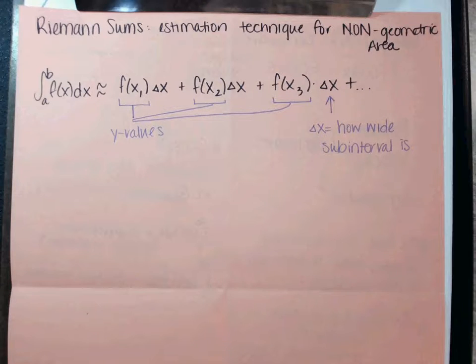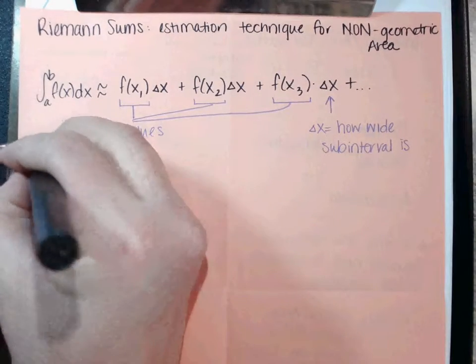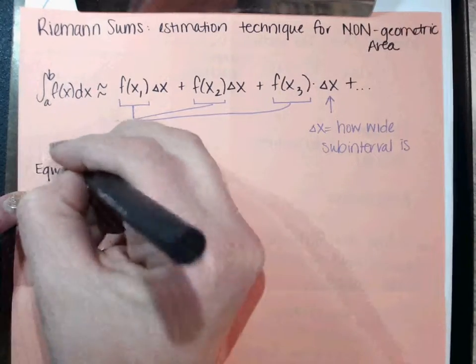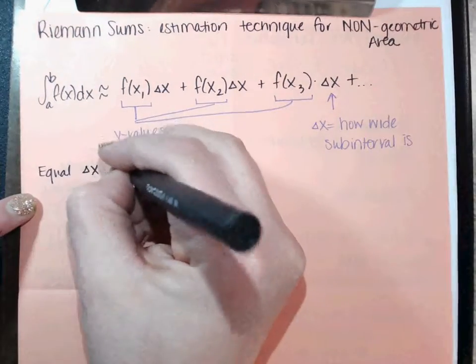Now, does it have to be the same for all your rectangles? No, and so that's why you want to make sure. Now, if it is the same, do you remember your shortcut? You can pull the delta x out to the front. Okay? So I'm going to put equal delta x shortcut.